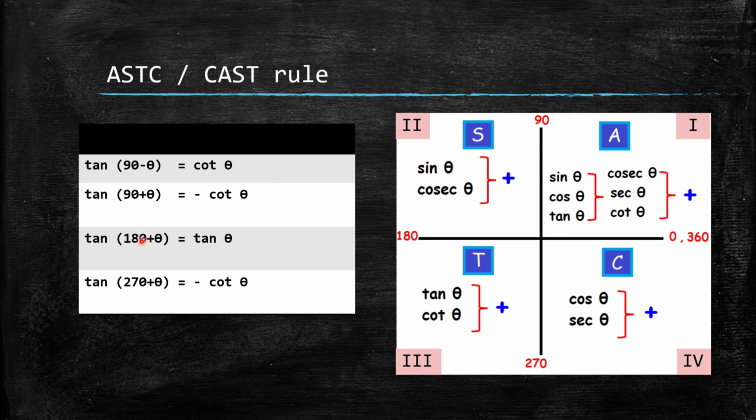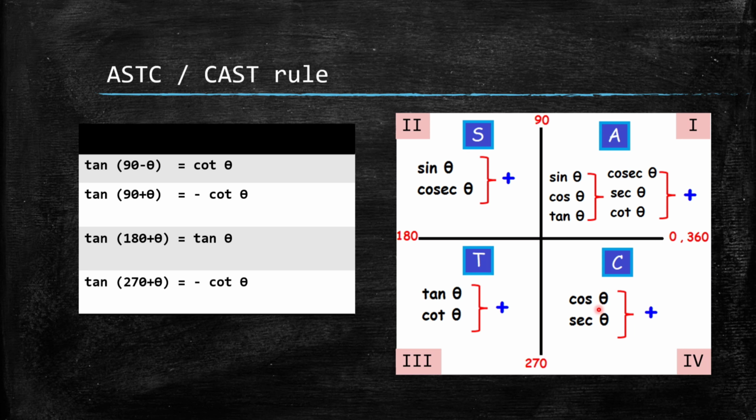Here, tan 180 plus theta. 180 plus theta means it will come somewhere in the third quadrant. In the third quadrant, tan is positive. Therefore, we write plus tan theta. Consider tan 270 plus theta. 270 plus theta will come somewhere in the fourth quadrant, and here we know tan is negative.